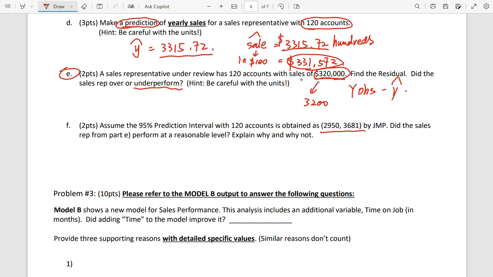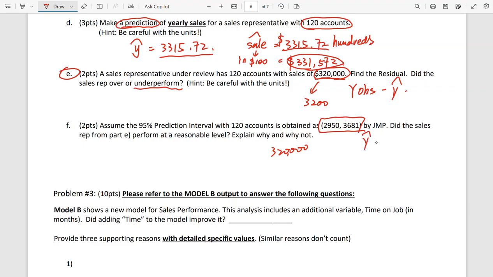All right, so from part E, what is the real observed y for the sales? $320,000, right? But the predicted y is this much, and the interval for the predicted y is this much.